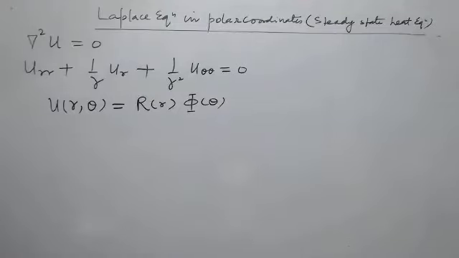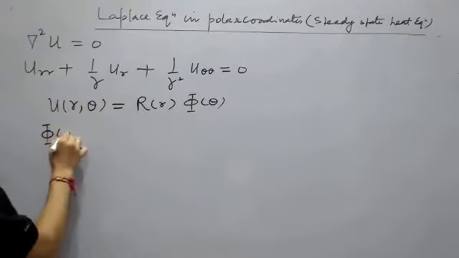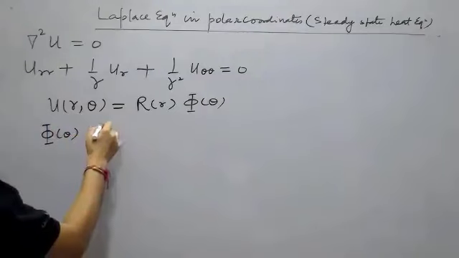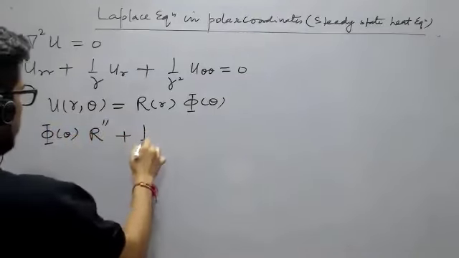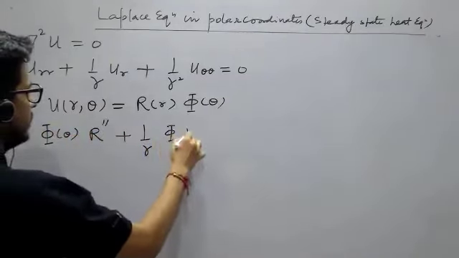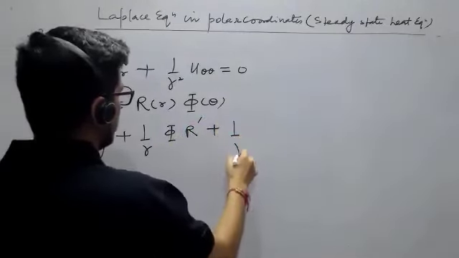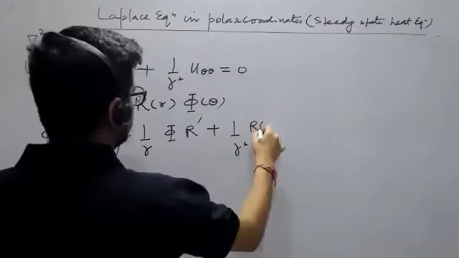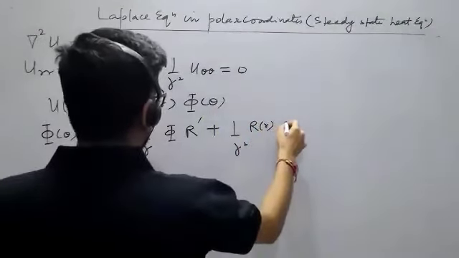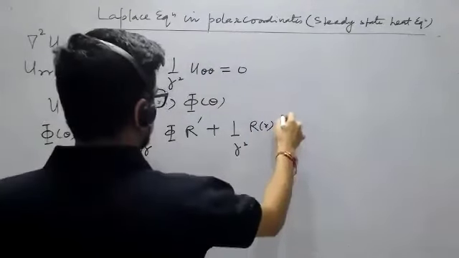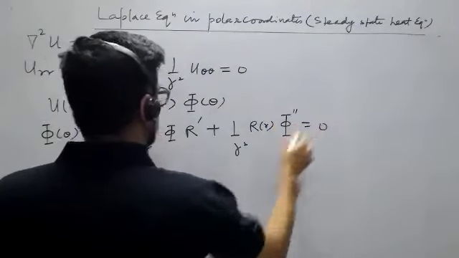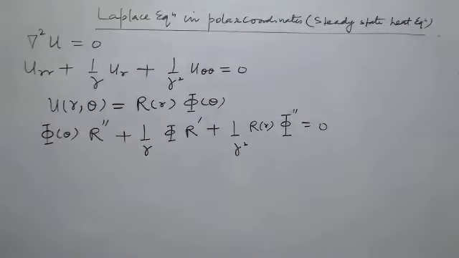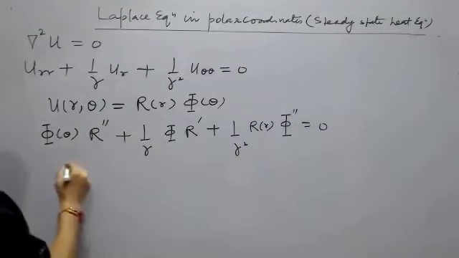Correct. So substitute it here. It will become capital Theta R double dash plus 1 by r capital Theta R dash plus 1 by r square capital R Theta double dash is equal to 0, and just separate them.